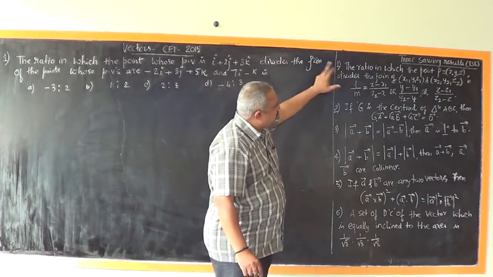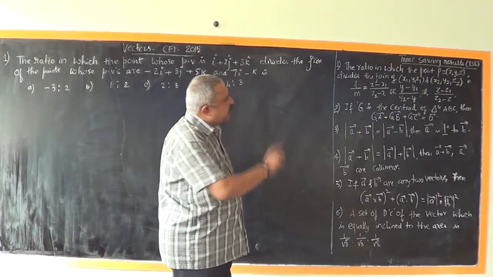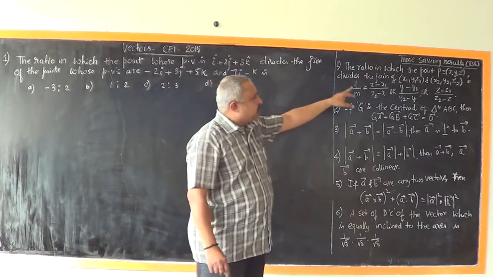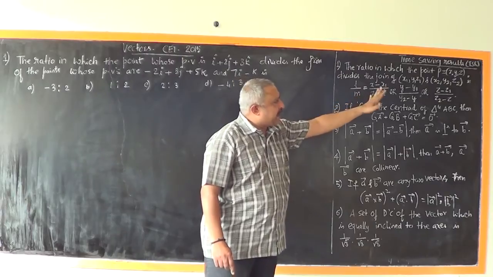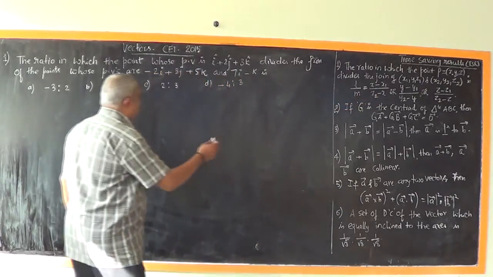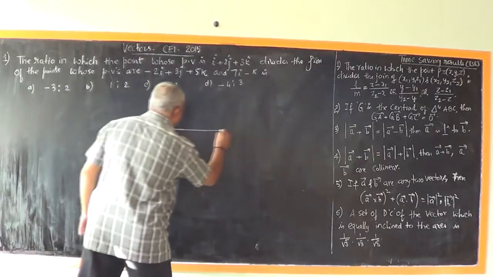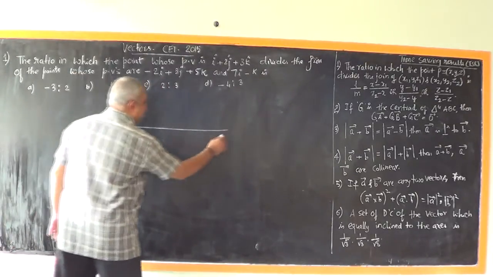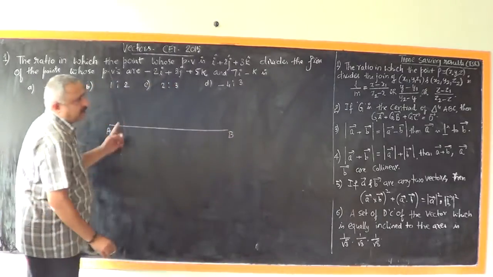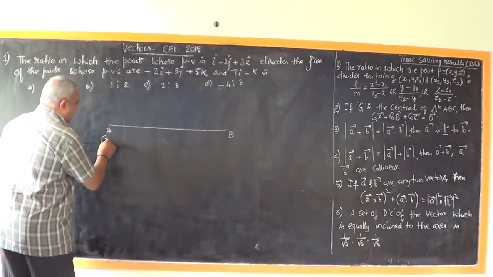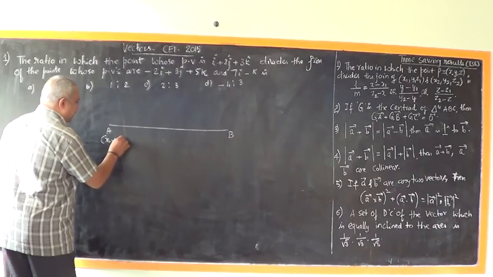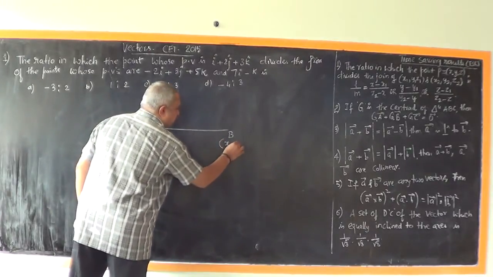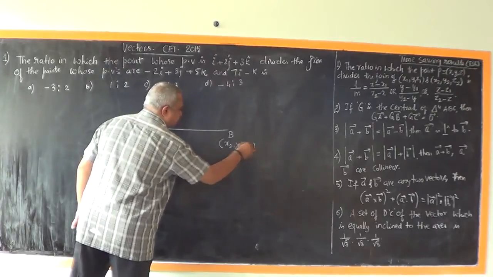The first simple technique says that the ratio in which the point P(x, y, z) divides the join of (x1, y1, z1) and (x2, y2, z2). What is this? Let's take a straight line which is the join of the points A and B, where A is given by the point (x1, y1, z1) and B is the point (x2, y2, z2).